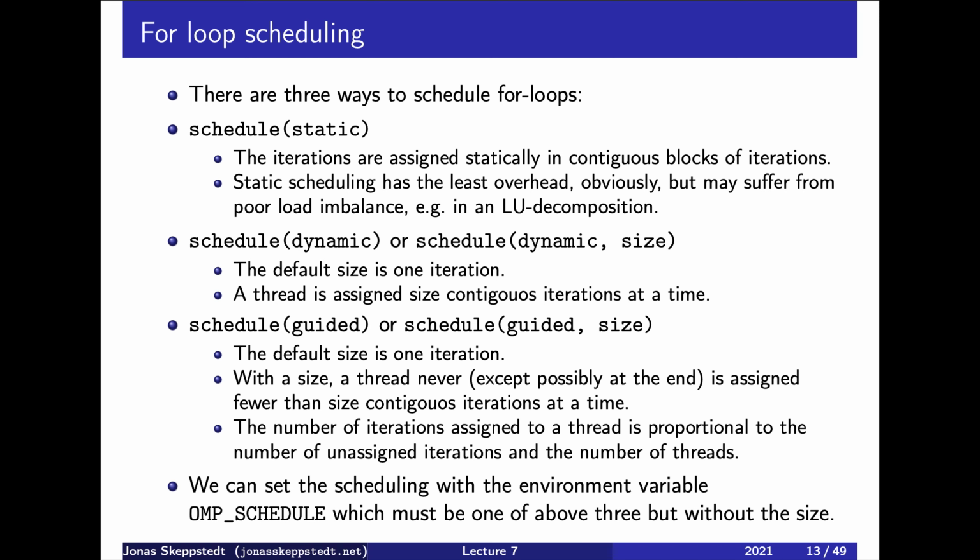When a thread wants to get a certain number of iterations, it can ask for that, but it will get at least this number of iterations, except for at the end. But the scheduler checks how many iterations remain and how many threads are working, and then it distributes it fairly, taking this into account.